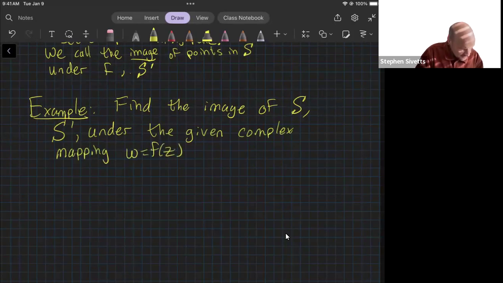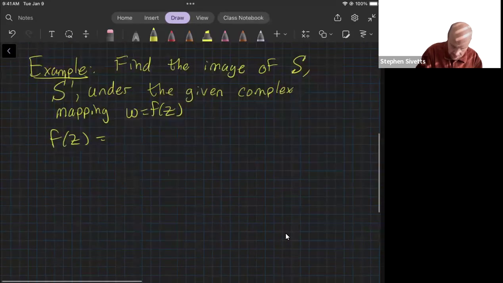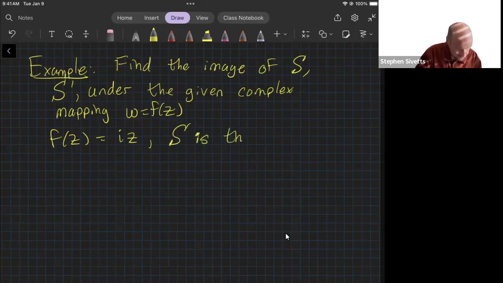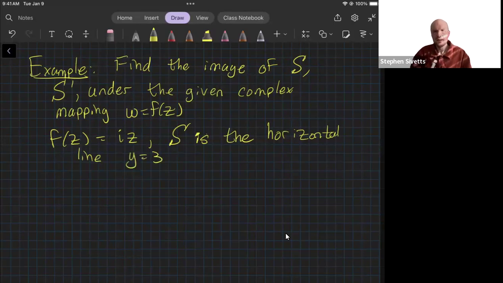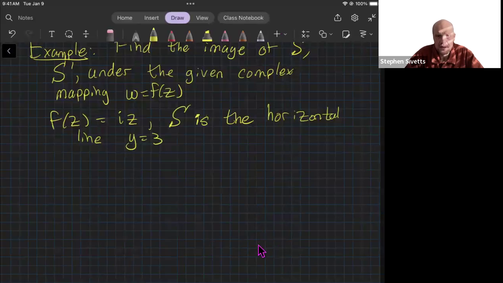If I have this function, f of z equals i times z, and S, this set in the xy plane, is the horizontal line at y equals 3. I want you to work on this example for a few minutes and see what you come up with.